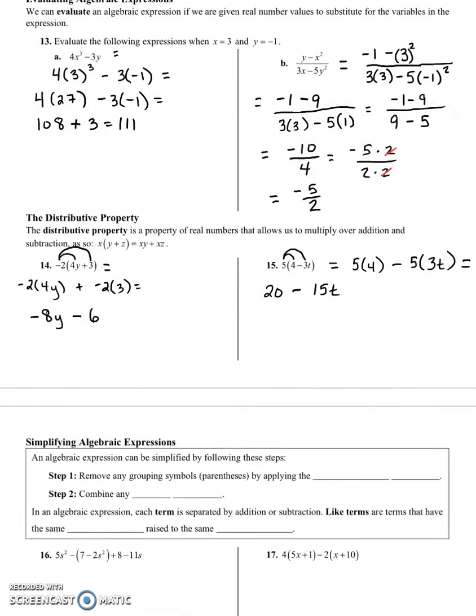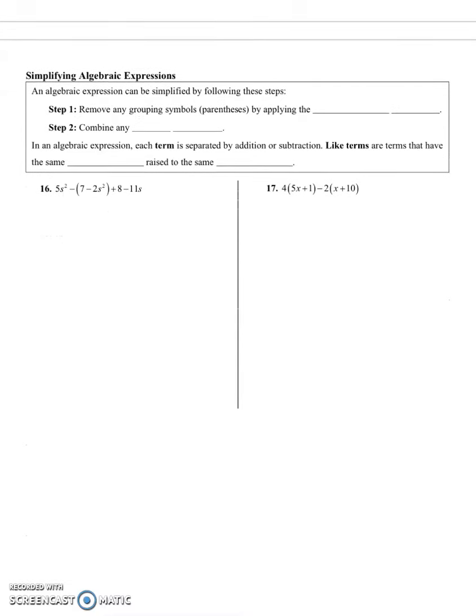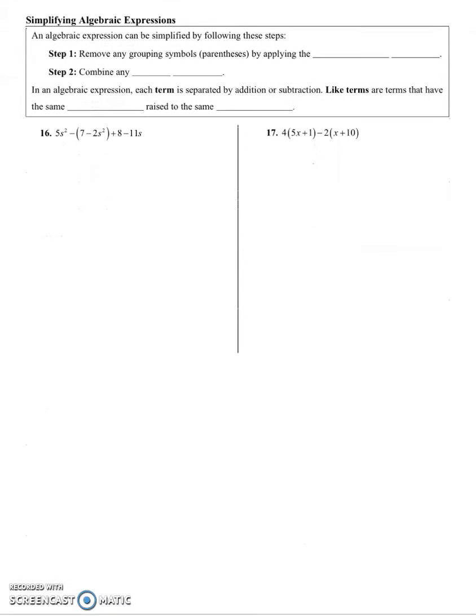Now let's talk about how we simplify algebraic expressions. So to simplify algebraic expressions, first we remove any grouping symbols by applying the distributive property, which we just covered.